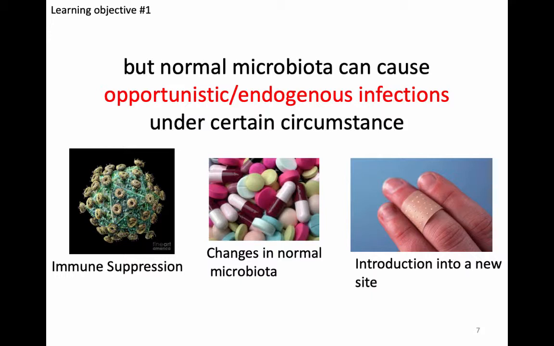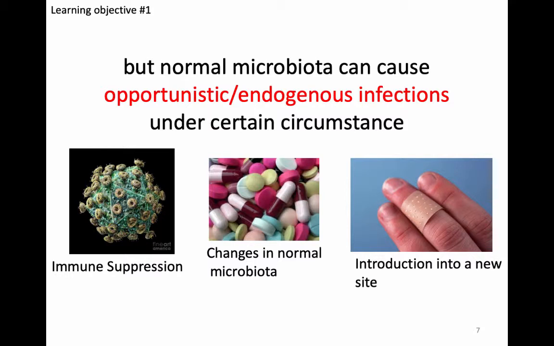Occasionally, normal microbiota can become parasitic and cause infections. When a normal microbiota that's present in a human becomes parasitic and starts causing infection, these infections are called opportunistic or endogenous infections. For a normal microbiota to become pathogenic or parasitic, something has to change in the human host.